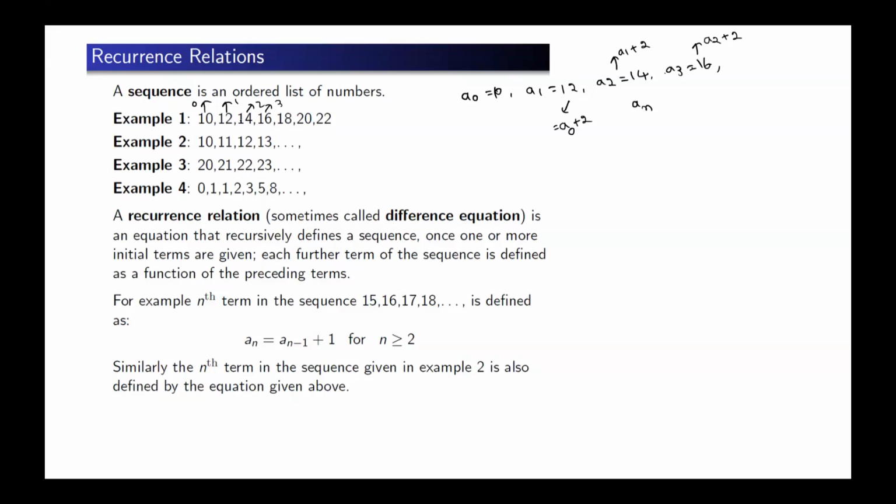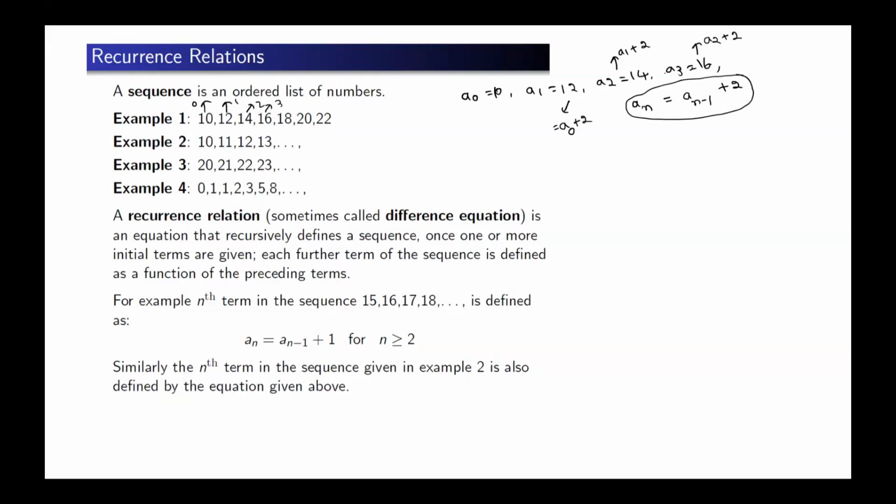So is there a relation between an element and its previous element? There is a nice relationship, no? 12 is 10 plus 2, 14 is 12 plus 2, 16 is 14 plus 2. That means here An we can represent simply as An minus 1 plus 2. Is that okay?